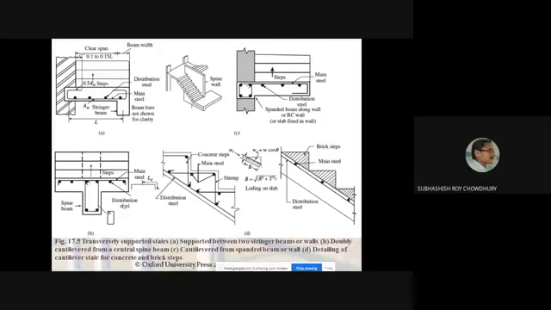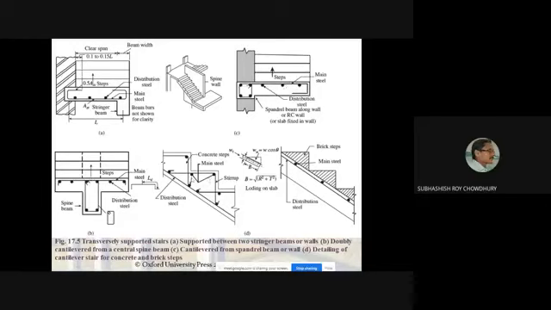There may be another type of stair where the steps form the main part of the cantilever type of staircase. In that case, these are the main steels. In the earlier case, you are basically constructing a particular inclined slab, and the steps are not part of the structural component.